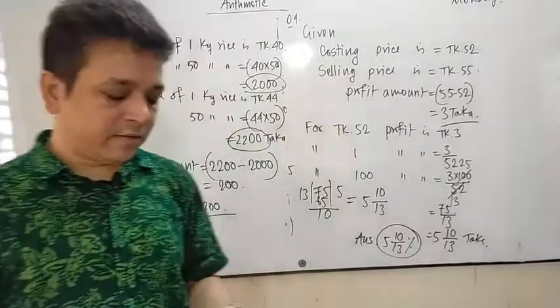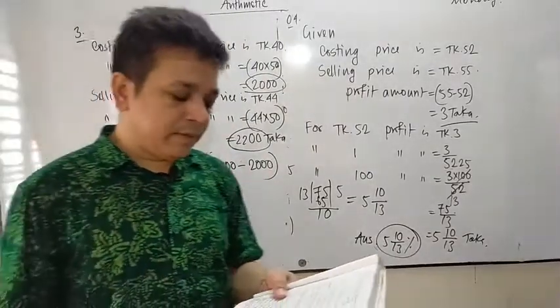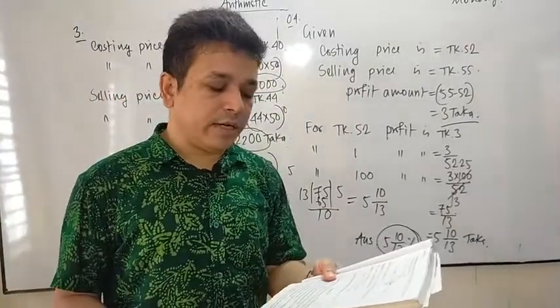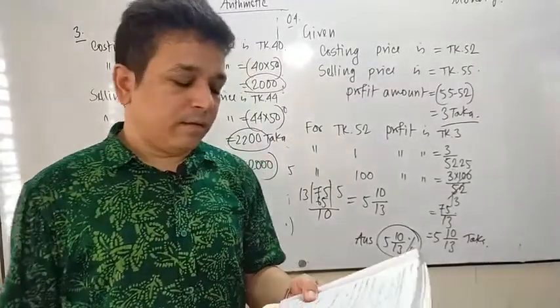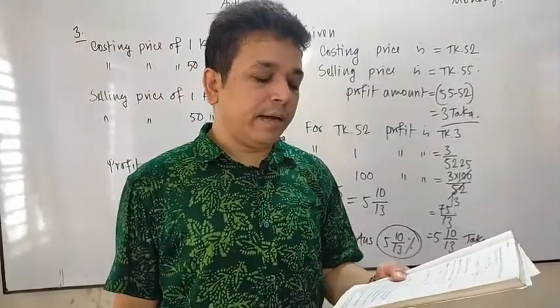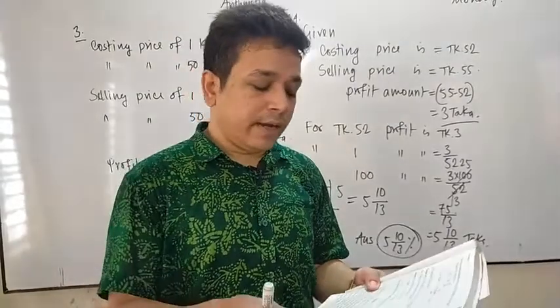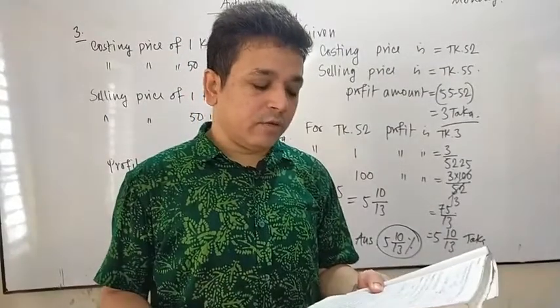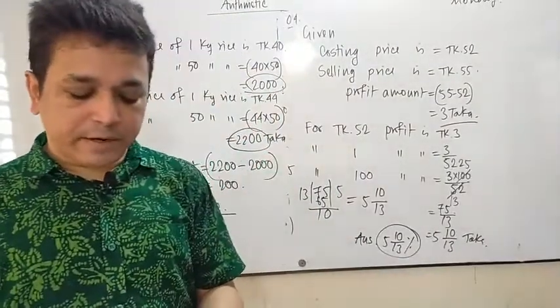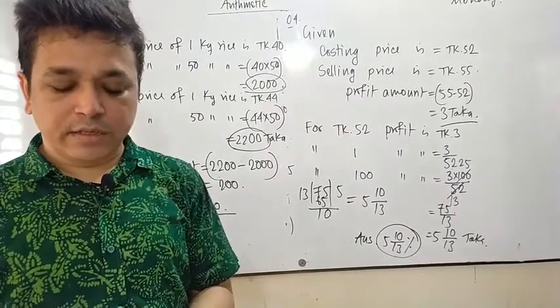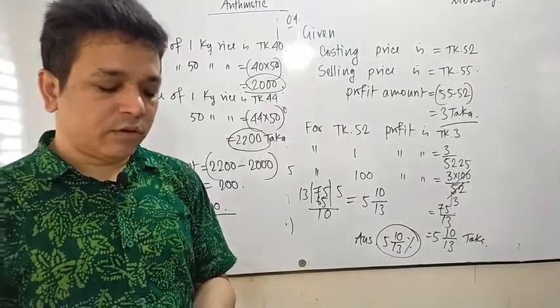So what is the next problem? Number 5: some chocolates were bought at 8 taka per piece and sold at 8.5 taka per piece. Then the profit was 25 taka. How many chocolates were bought?